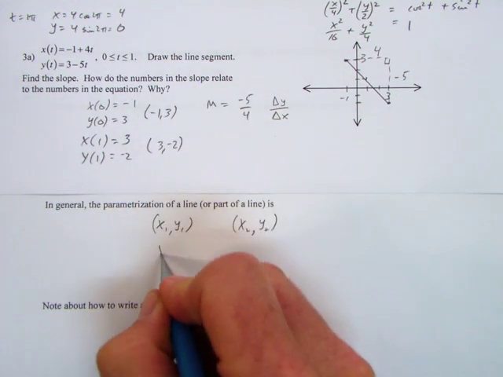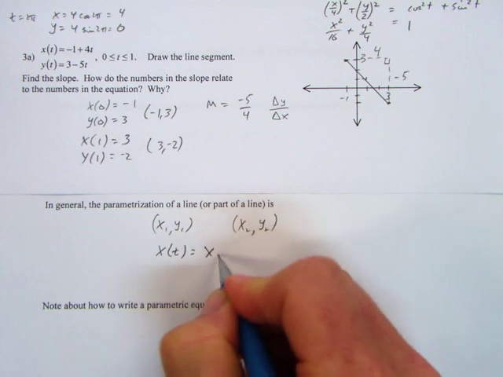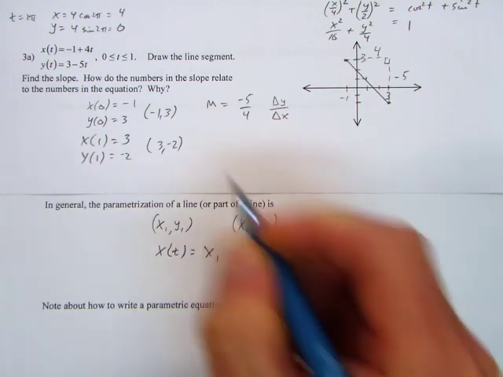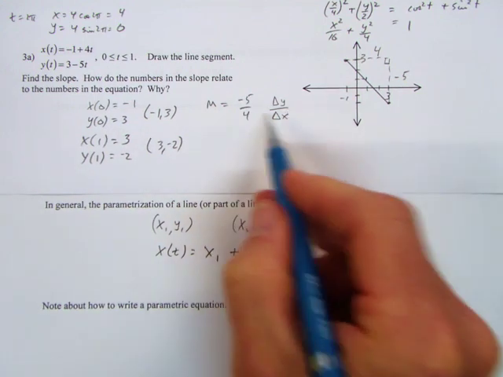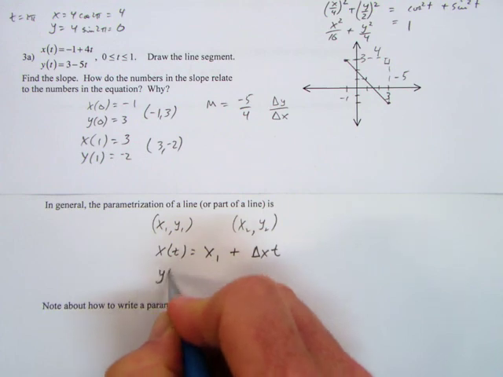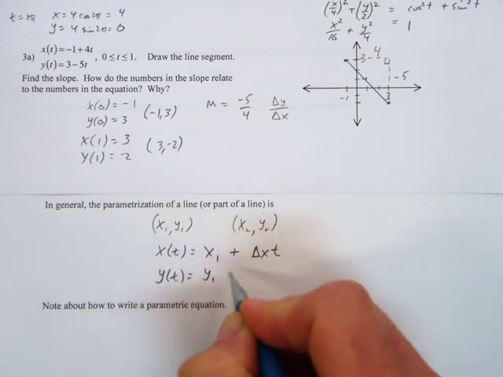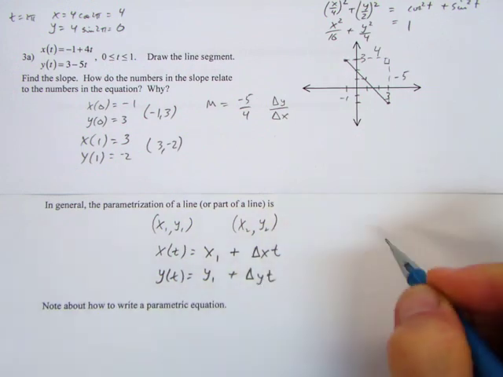We're going to define x of t to be what? We can say x1, because that was our initial x value, plus what does 4 represent? Delta x, so it's delta x t. Y of t will be y1 plus delta y t.